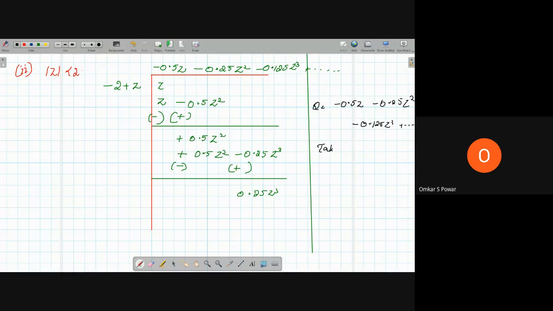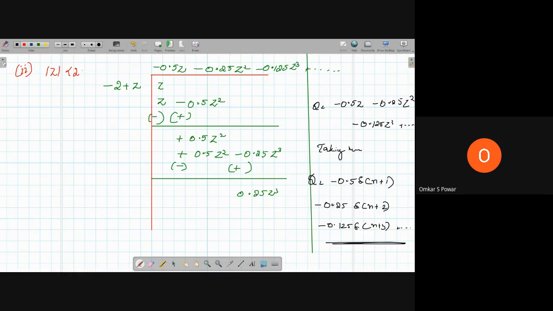Taking the inverse, what do you get? x of n is equal to minus 0.5 into delta of n plus 1, minus 0.25 into delta of n plus 2, minus 0.125 into delta of n plus 3 and so on. So this is your inverse z or time series.